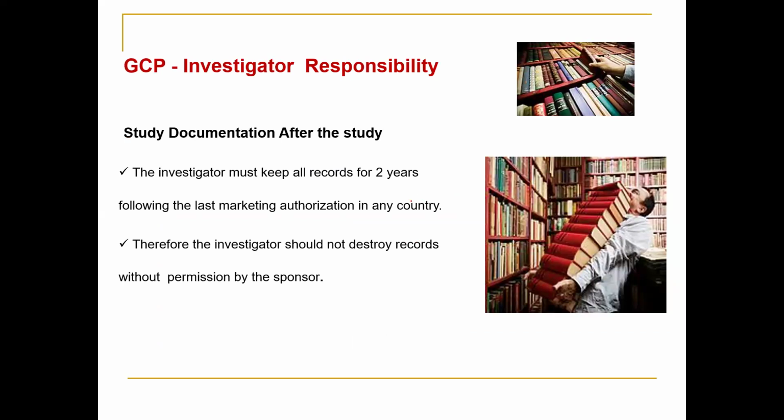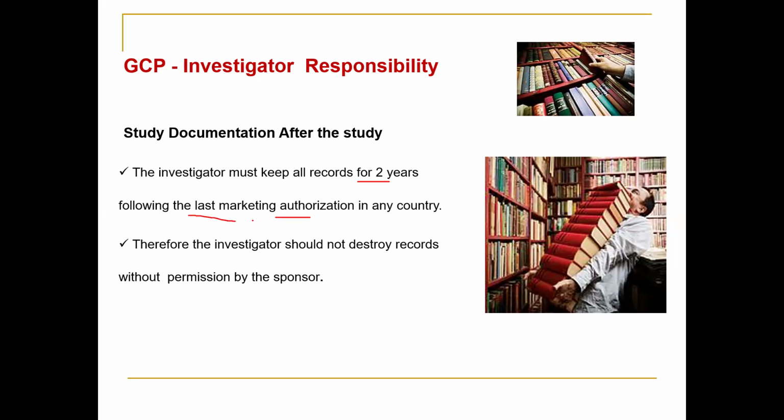Archival is also one of the key responsibilities of the investigator once the trial is over, because as per GCP, you have to keep a record for 2 years after the marketing authorization, not the trial completion. Never ever get confused again, guys.